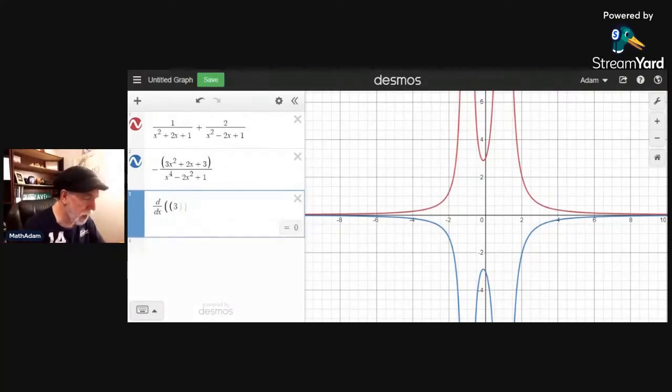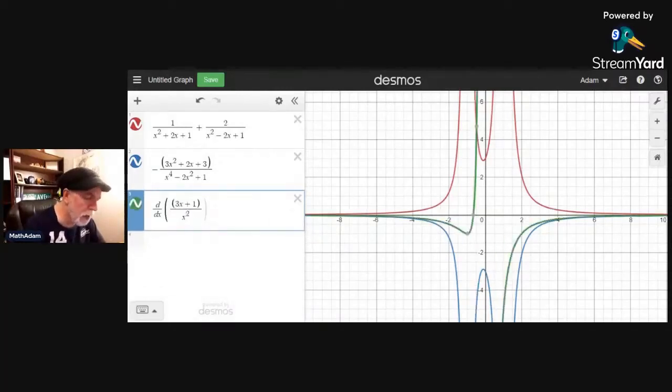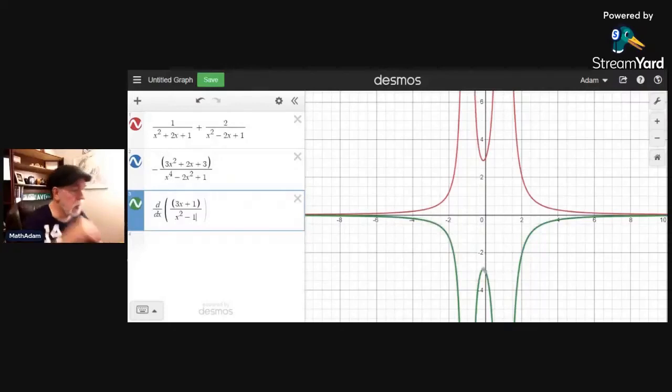On top, I've got 3x plus 1 over x squared minus 1. Okay, so there you go. So it's actually this one. This one was right, the blue one, the one with the negative sign.